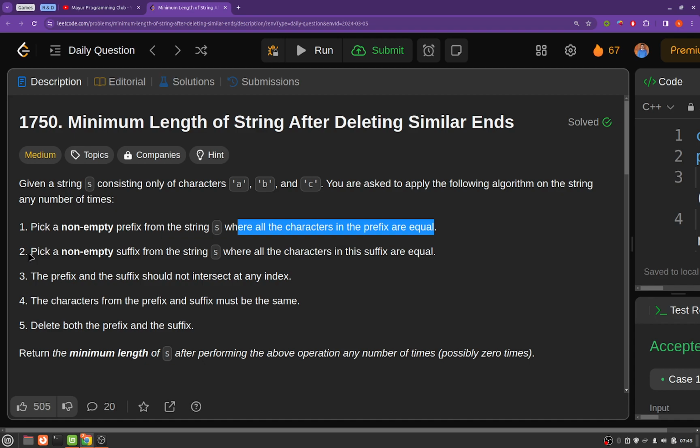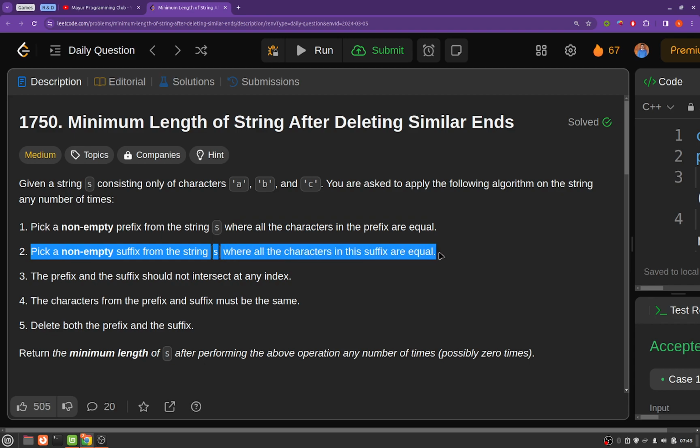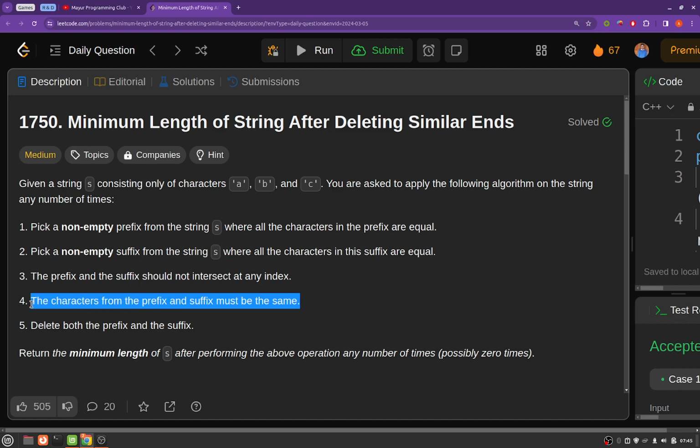Okay, and you will also have to pick a non-empty suffix from S where all the characters in suffix are equal. Okay, and then the characters that there are in prefix and the suffix that you have just picked should always be the same, and these prefix and suffix should not intersect.